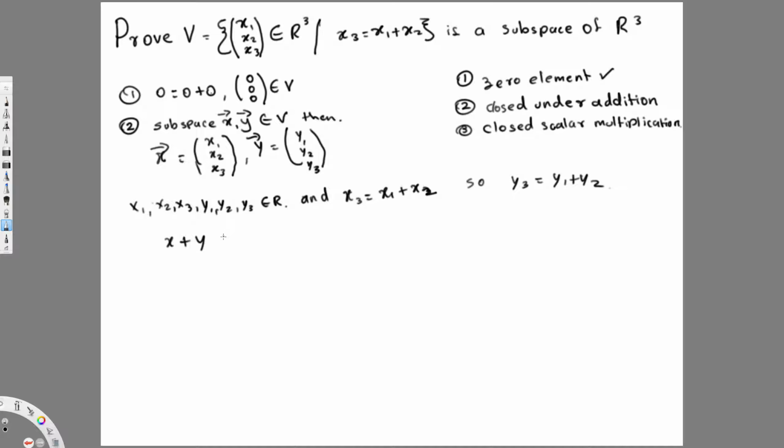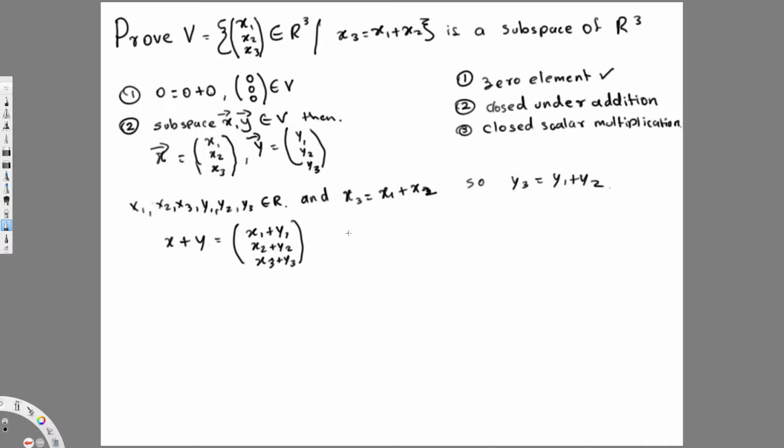Then let's add x and y and see what happens. If I add x and y, this will become x1 plus y1, x2 plus y2, x3 plus y3. According to this, the third number should be the addition of the first two numbers, so x3 plus y3 should equal the addition of these two, but we have to prove that.